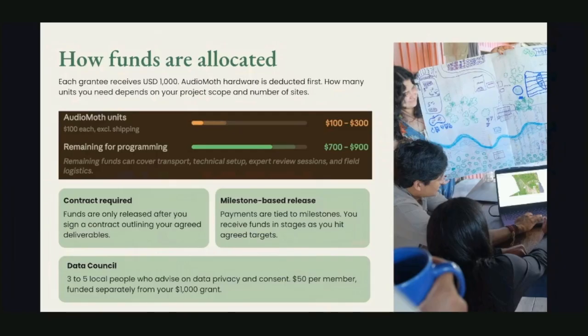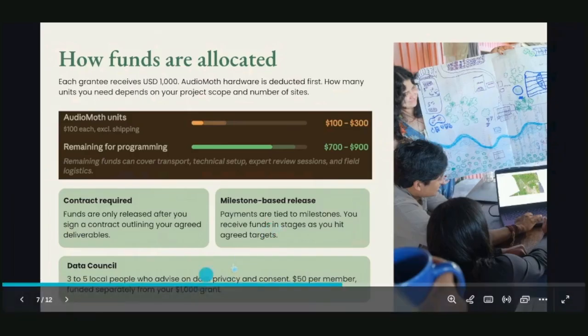For example, if the data council thinks this particular sound should not be uploaded publicly on our platform, then you shouldn't be doing that, right? For the whole project, there is an allocation of 50 per member of the data council, and it will be funded separately from the 1K grant.